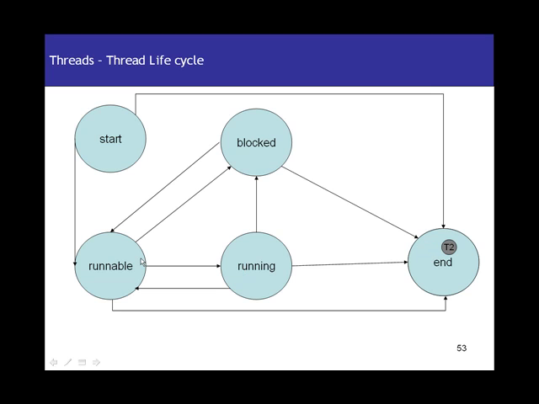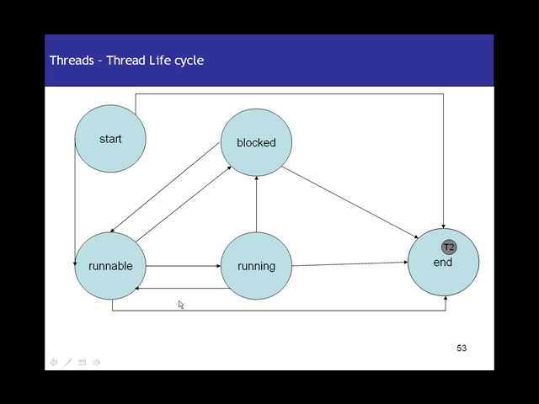There might be a number of other threads in the runnable state which are ready to run. So one of those threads might come into the running state once your current thread has gone to the runnable state. So basically these two methods take the current active thread out of the running state.